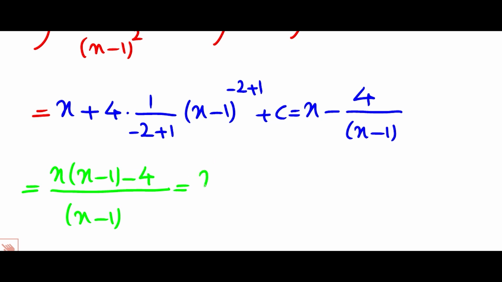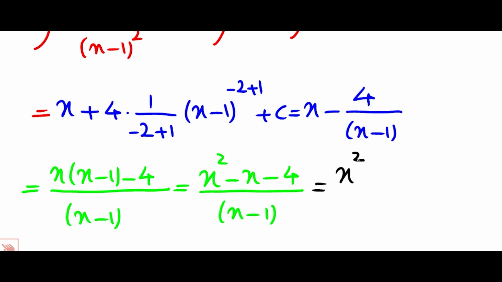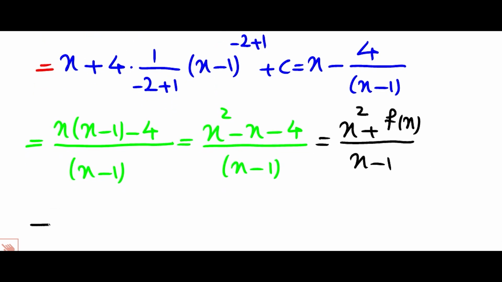So we have (x squared minus x minus 4) over (x minus 1). Comparing this to the given form, x squared plus f of x over x minus 1, f of x equals minus x minus 4.